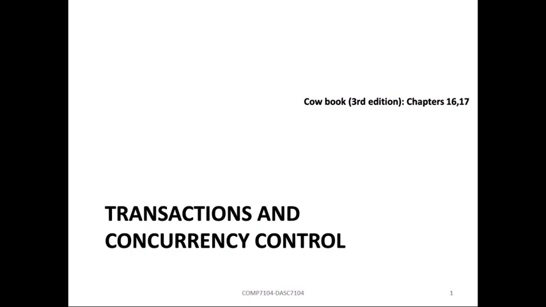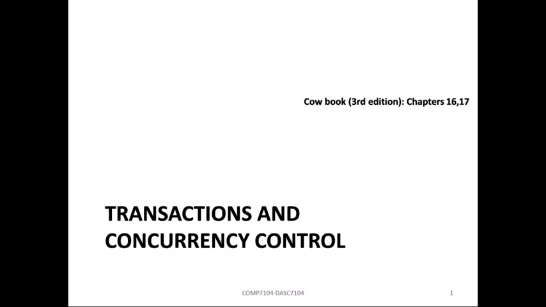So we are now moving to a new section in the chapter on relational database management systems, the chapter on traditional database management systems. We'll talk about database transactions, first concurrency control, and then crash recovery. Both aspects rely heavily on this important notion of database transactions.